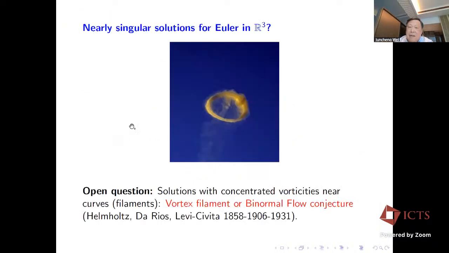So this is a nearly singular solution for the Euler equation. Just like the 2D case, what is the dynamics for this filament? In the 2D case, the dynamics for the points is the Kirchhoff-Routh dynamic law. So what is the dynamics for a curve? This is called the binormal flow.